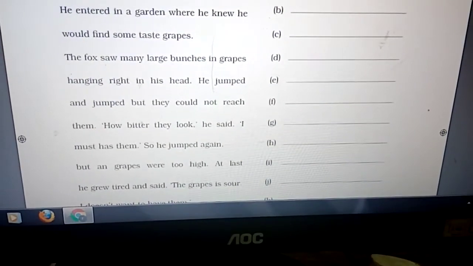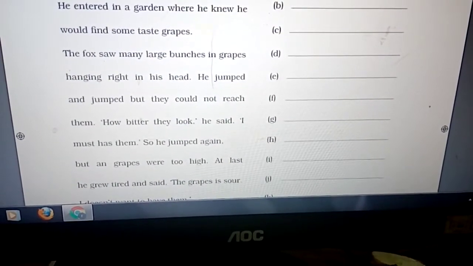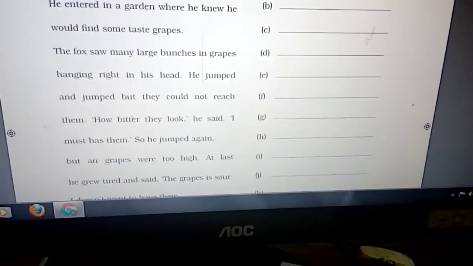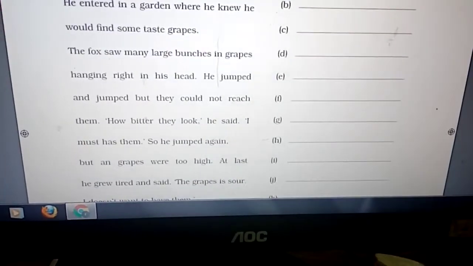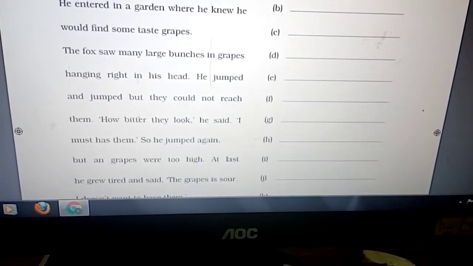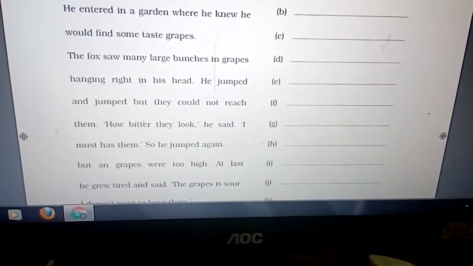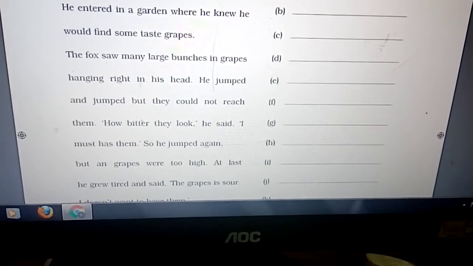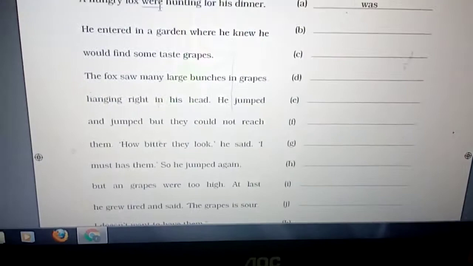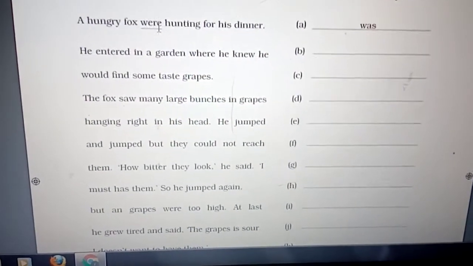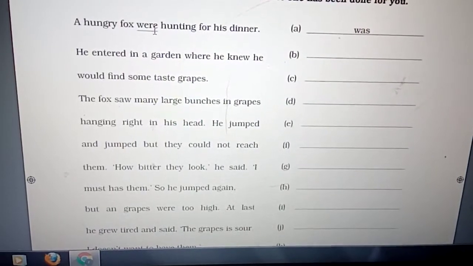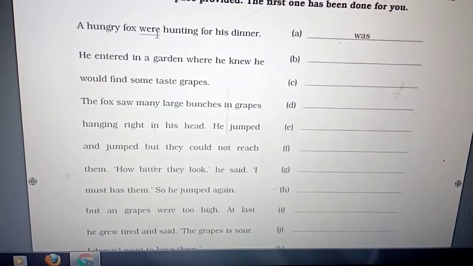He jumped and jumped, but they could not reach. They is used here for the fox, which is a singular subject, so they can never be used for a singular subject. He will be the suitable pronoun in the place of they, but he could not reach them.